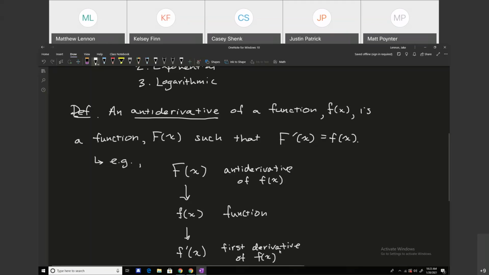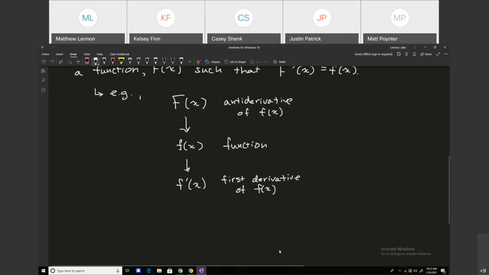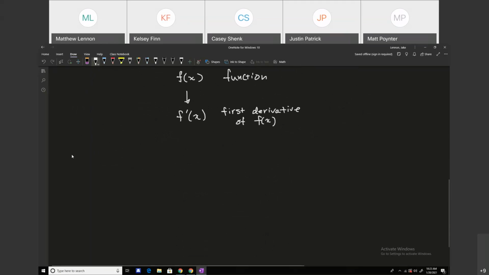So let's think of a concrete example. What is an antiderivative of, let's say, x squared?